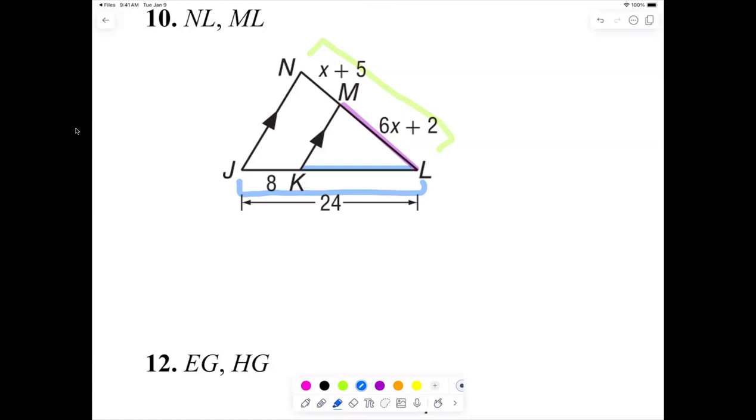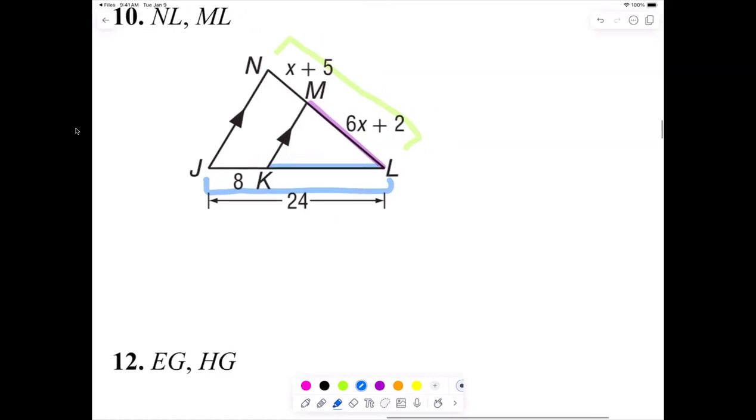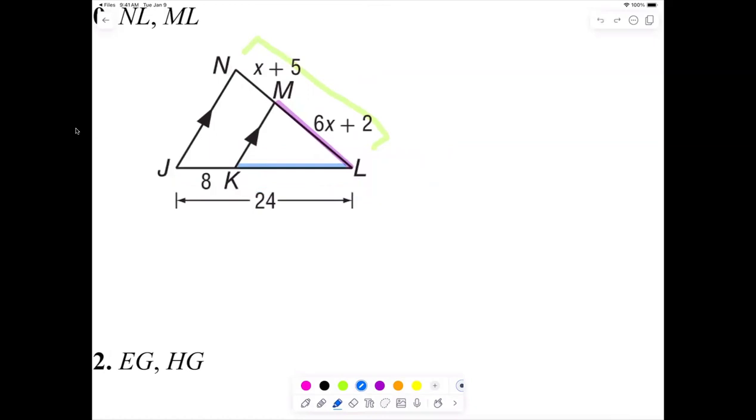So when you're writing this proportion, you can't just put numbers down. All right, it's got to be in specific order. So if I say 6x plus 2, that's the right side of the triangle. Do we agree? Over the right side of the triangle.